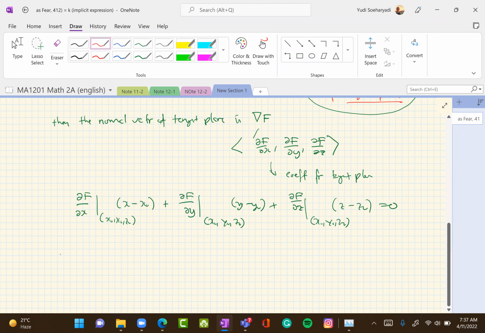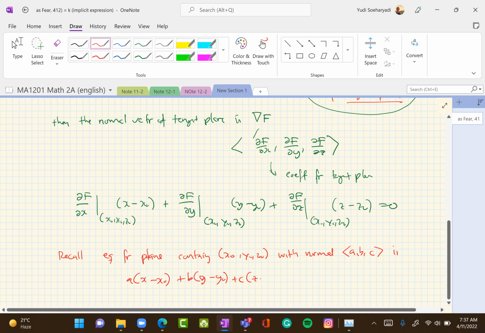So the equation for a plane containing the point with normal a, b, c is a(x minus x naught) plus b(y minus y naught) plus c(z minus z naught). We call this one our tangent plane.